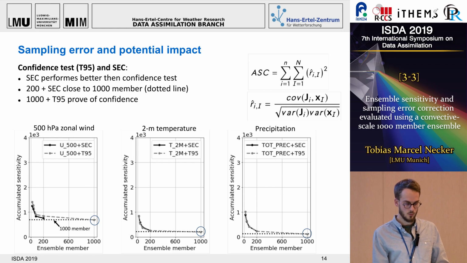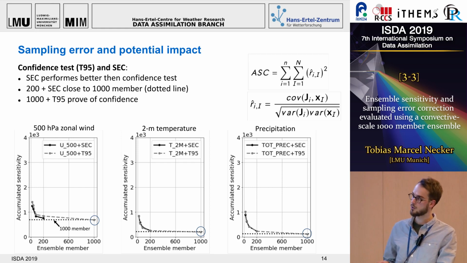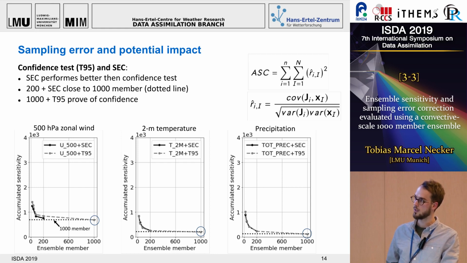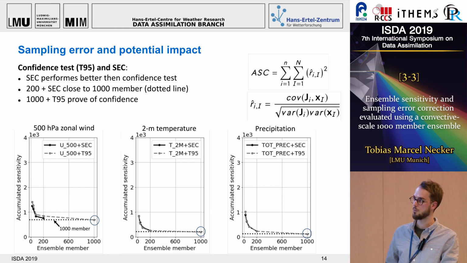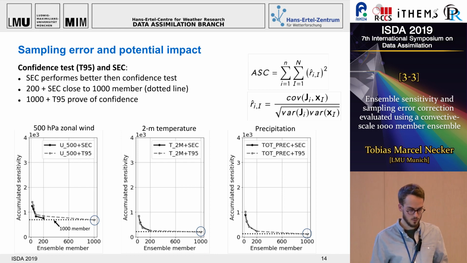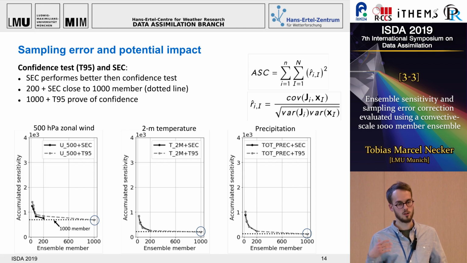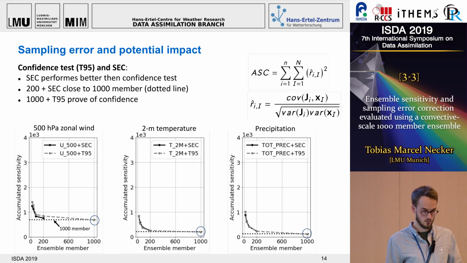And what was really nice is that for 200 members, including the sampling error correction, which is now here the black solid line, we get really close to what we got using the full 1,000-member ensemble. And this was the case for all variables again. So this means that our 1,000-member ensemble is large enough to estimate the potential impact, but we also can gain valuable information with smaller ensemble sizes, combining them with the sampling error correction.